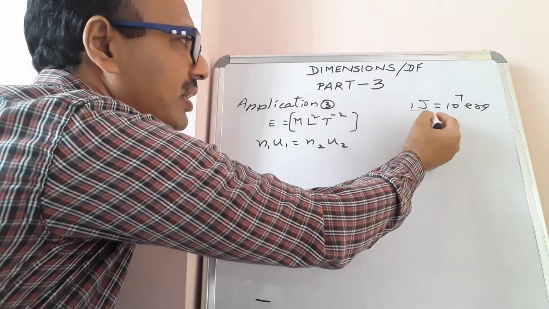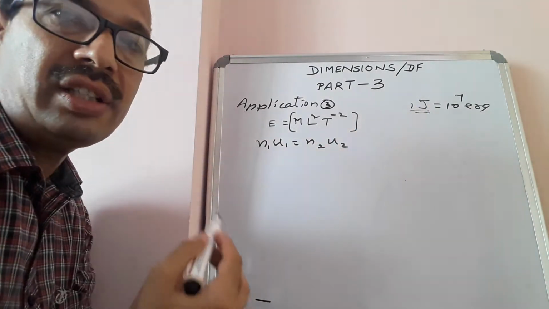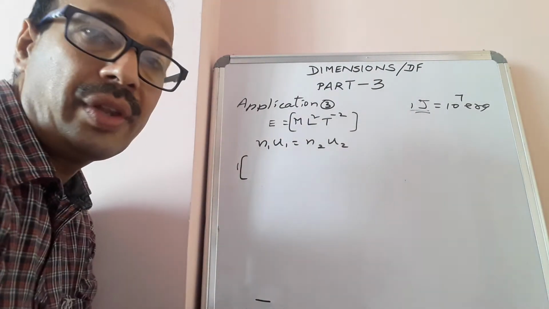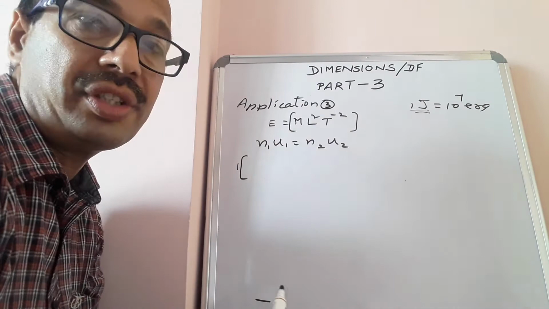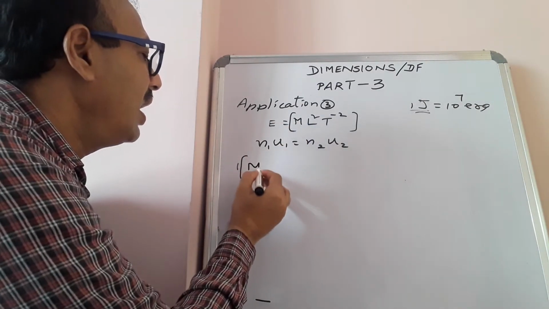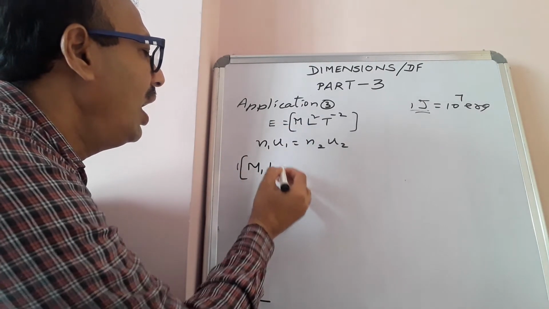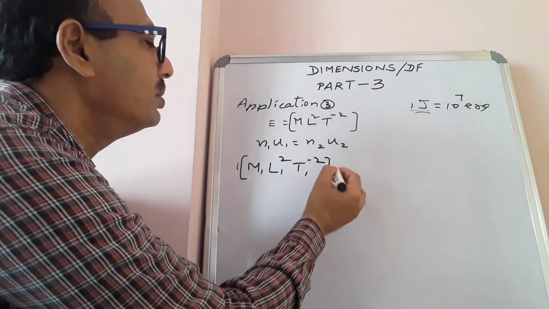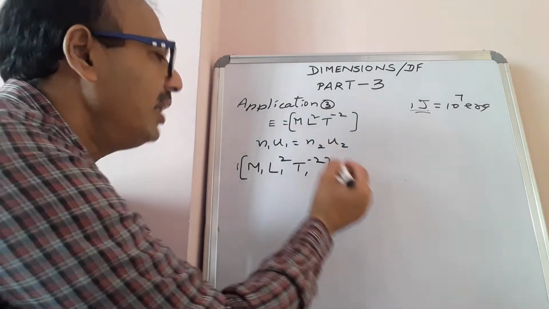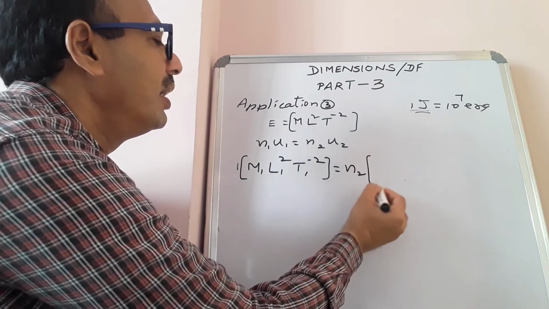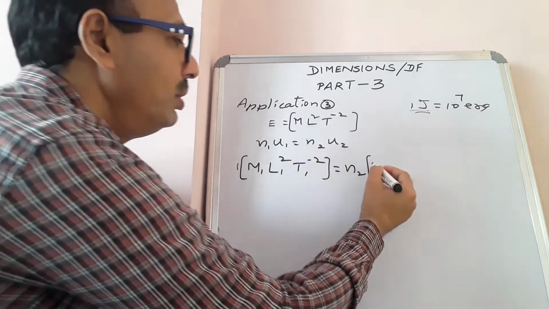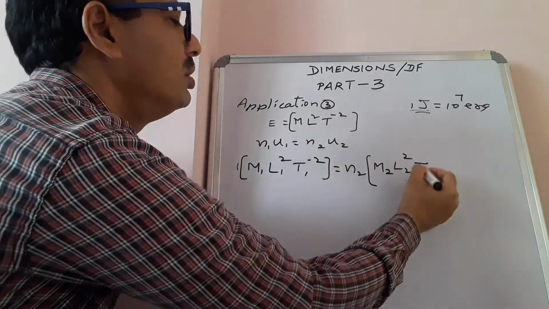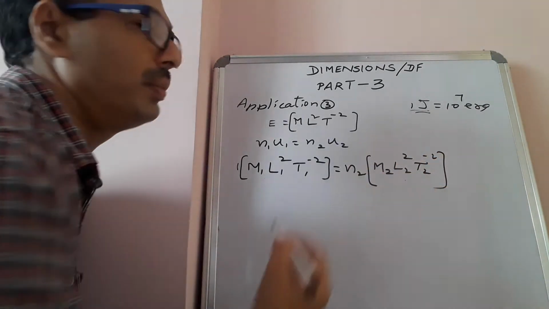Now let us consider n1 is 1, that is in SI system. So 1 units in SI system, let us write it as m1 l1 power 2 t1 power minus 2 is equal to n2, we need to find, and u2, m2 l2 power 2 t2 power minus 2.